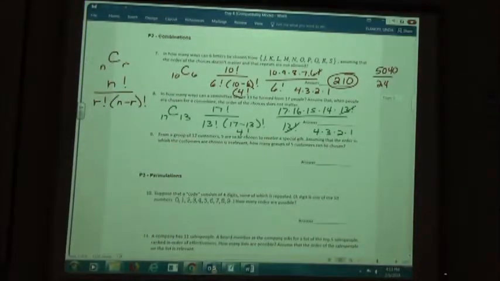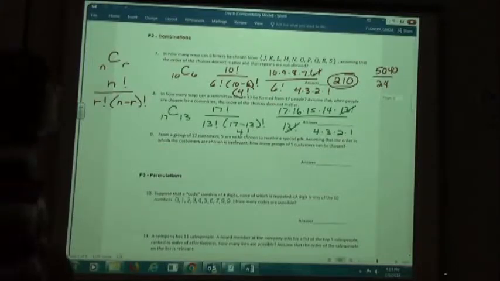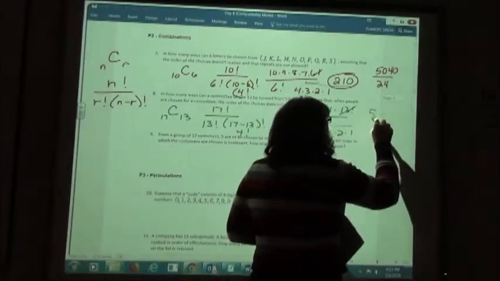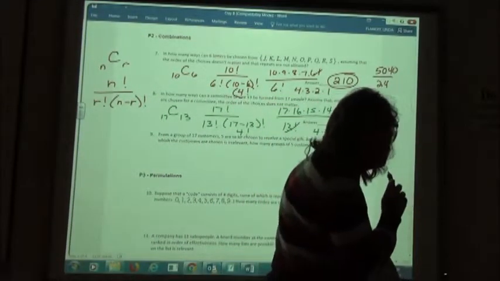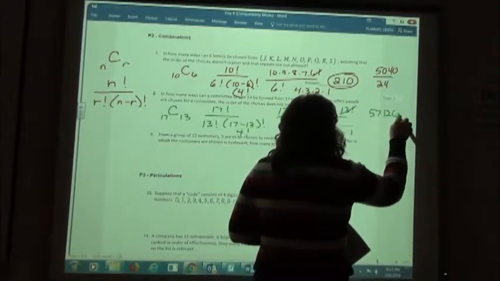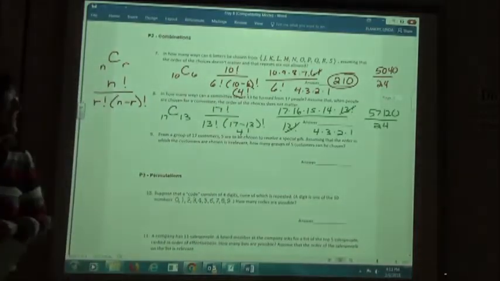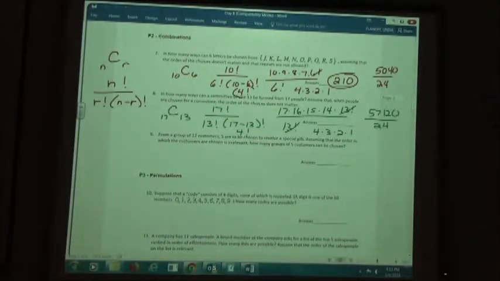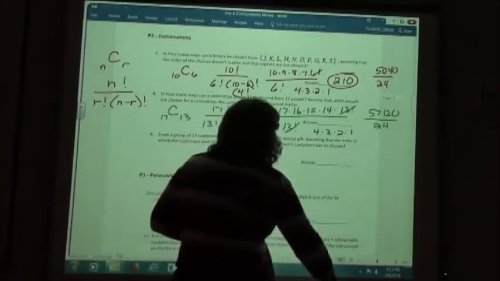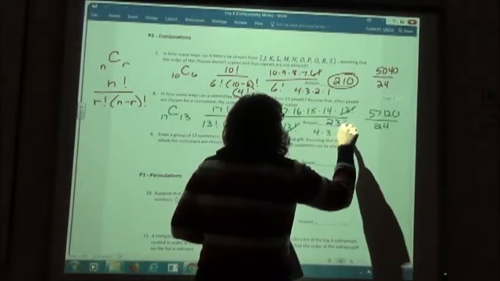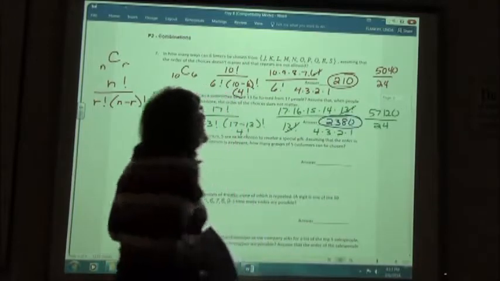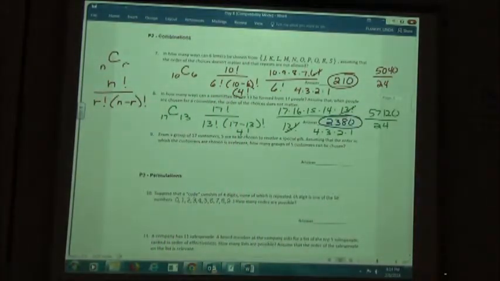On the top, we would get 57,120. On the bottom, we got 24 again. So when we divided 57,120 by 24, we get 2,380. So there are 2,380 ways to get a committee of 13 people if I have 17 to choose from.